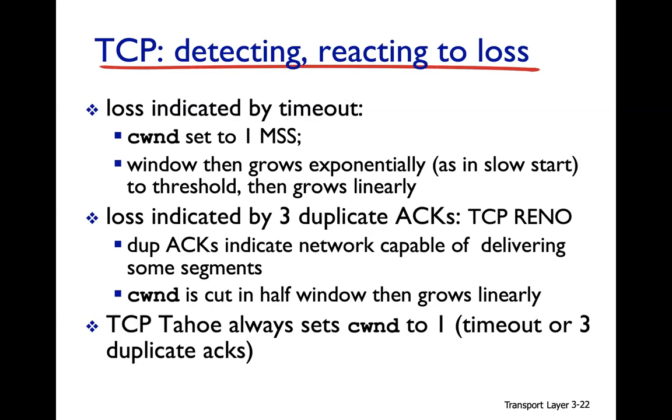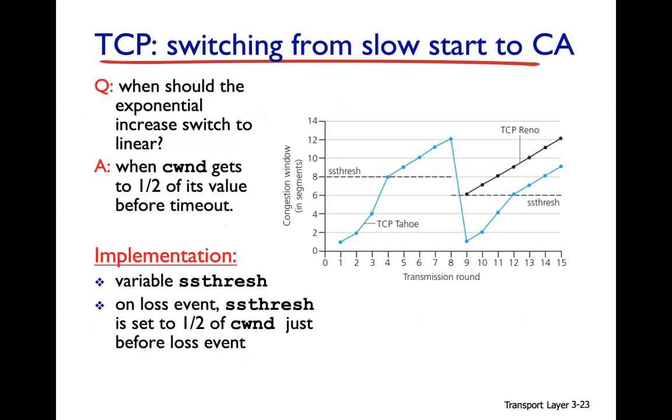Then TCP Reno will say, okay, I will cut the current congestion window size in half and grow linearly. So every time I will increase by 1. If you deal with TCP Tahoe, it always sets the congestion window back to 1, no matter whether it's a timeout or 3 duplicate ACKs. So this is the whole picture for congestion control.